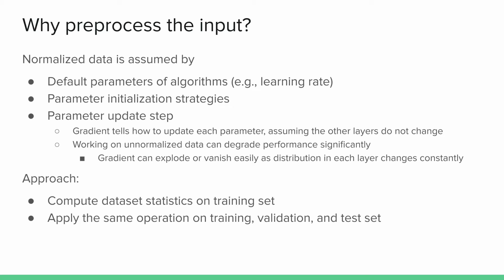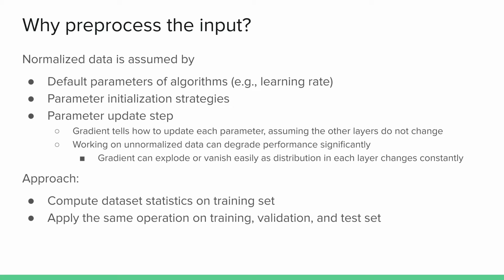For example, some default parameters like the learning rate assume that your data is normalized. Also, the parameter initialization strategies, Xavier initialization or He initialization, they also assume that your data is somehow normalized, so it can make sense how to initialize all those weights in your network.